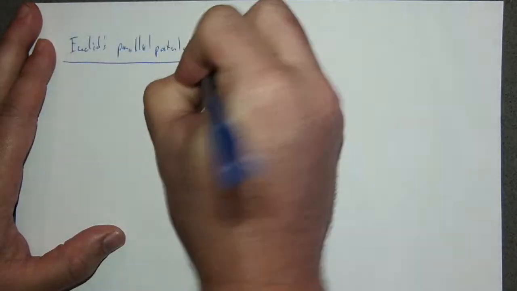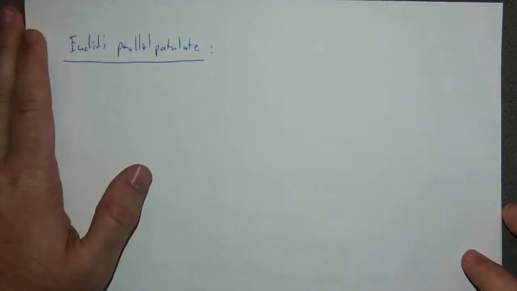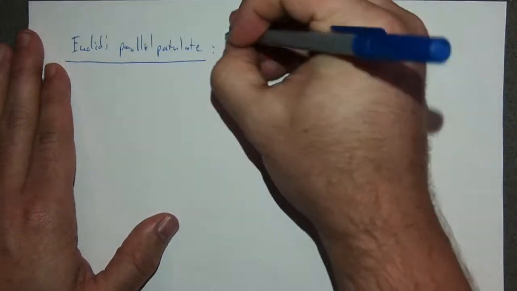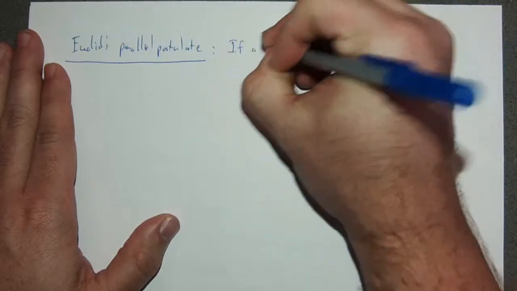All right, so the Greeks use postulate interchangeably with axiom here, or I should say the Greeks didn't really, this is interpreters doing this. But Euclid's parallel postulate is the following.